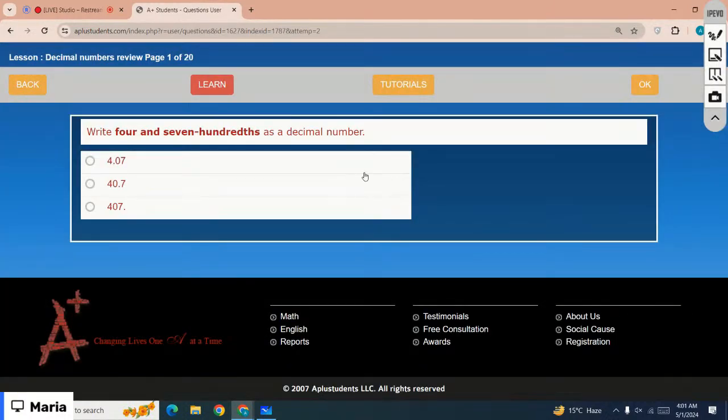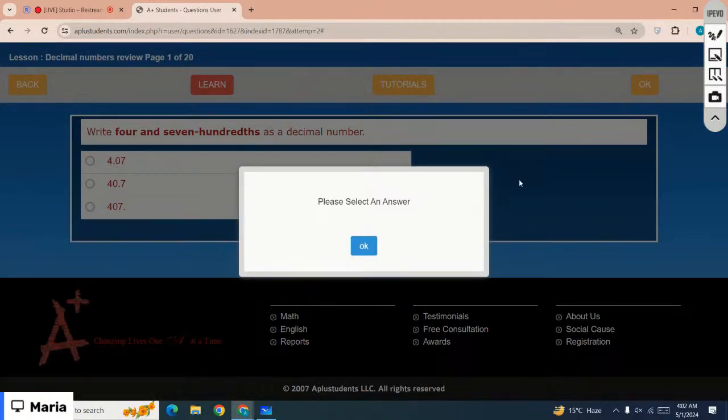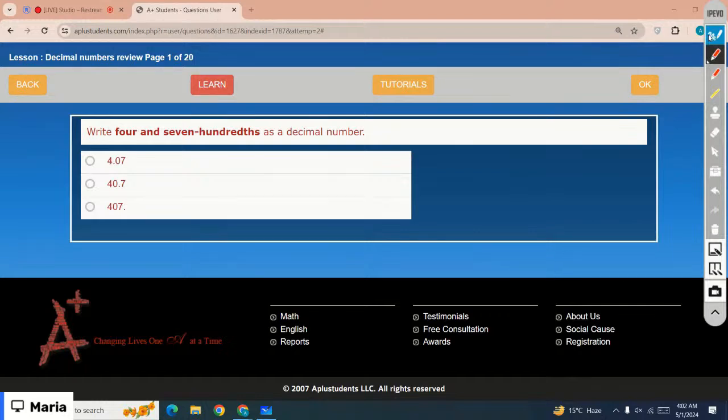The next one is write 4 and 7 hundredths as a decimal number. So which is the correct option? 4 and 7 hundredths. Sorry. So the place value chart would be ones, tenths, and hundredths.